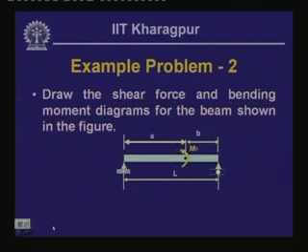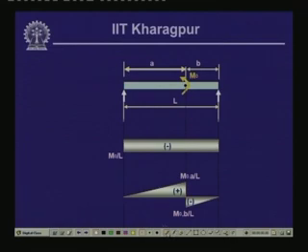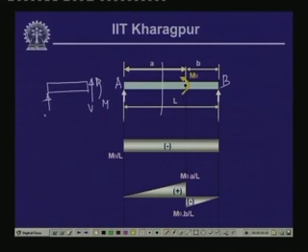So, if I take a free body of this particular segment, on the left side we have the reactive force, and the forces at the cut section which are V and M, and this we have seen as M0 by L.